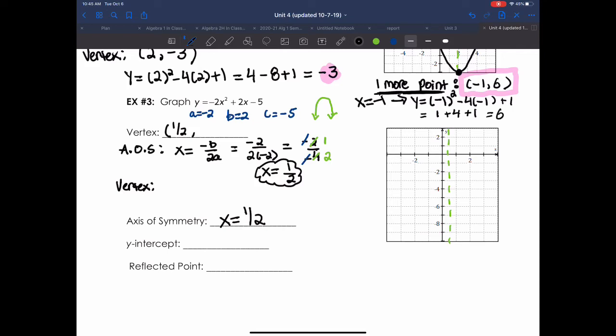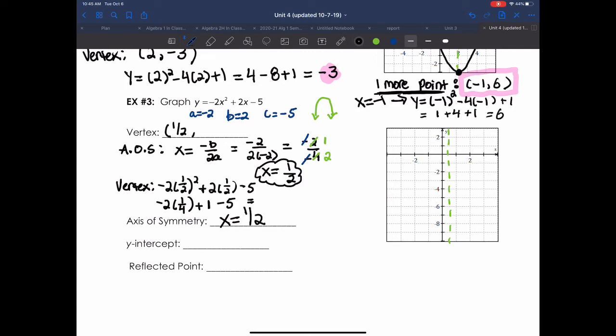So if I plug in 1/2, I'm going to have -2 times 1/2 squared plus 2 times 1/2 minus 5, okay? So I know that negative 2 times 1/2 squared, that's going to be negative 2 times 1/4 plus 2 times 1/2 is just going to give me 1 minus 5.